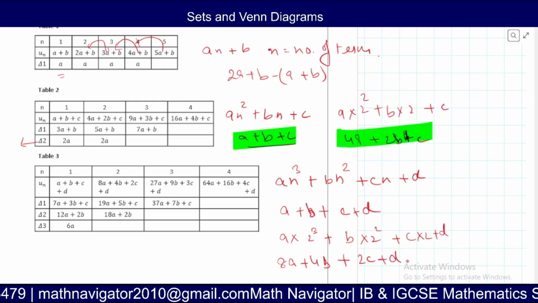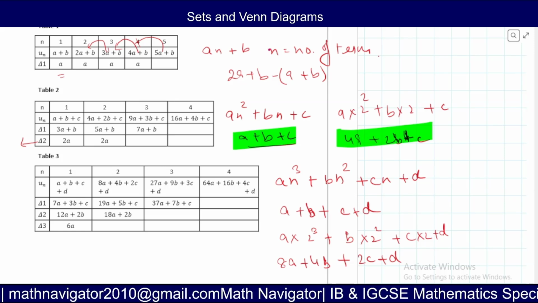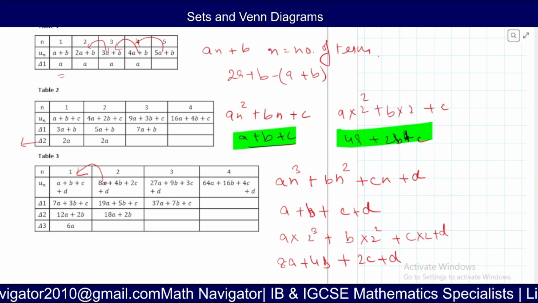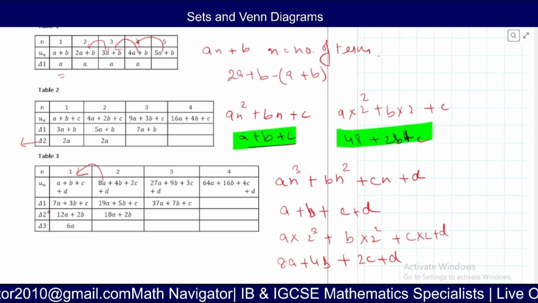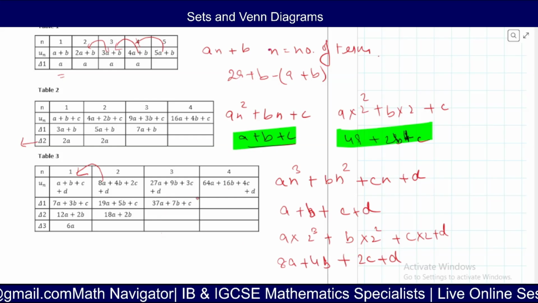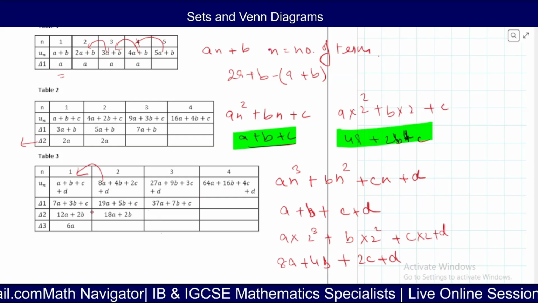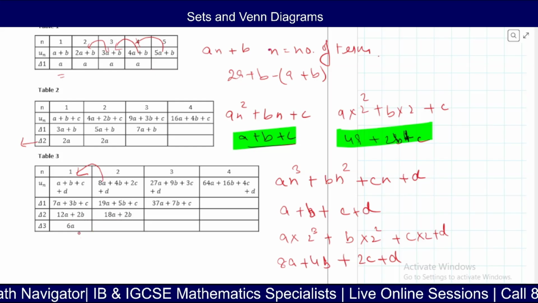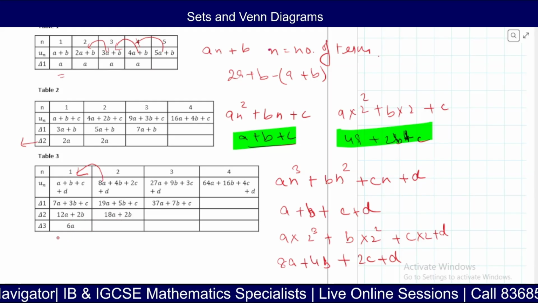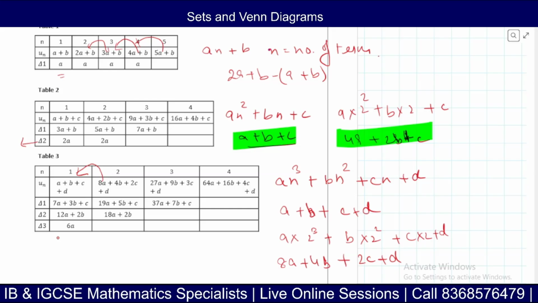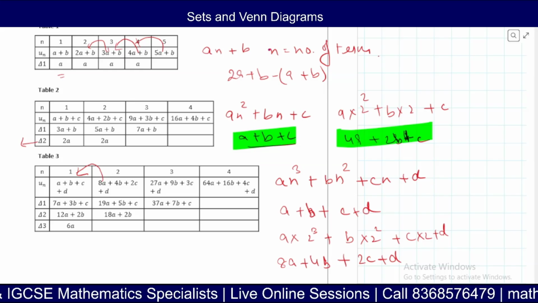Clear? So I'm subtracting the first term from the second term. I got this, and this is not constant. Then I subtract again, and in the second difference it is still not the same. But in the third difference, it becomes 6a. Is this clear? When we do questions, you will understand more. So this is called the method of differences.